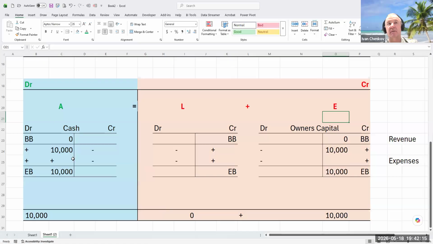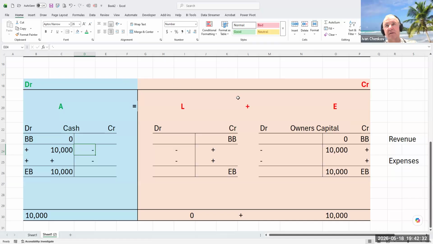Now, let's go back to the Excel spreadsheet to remind ourselves of a few things. Asset: normal balance is debit. So if we want to increase the asset, we put it on the debit side. If we want to decrease the asset, we put it on the credit side.